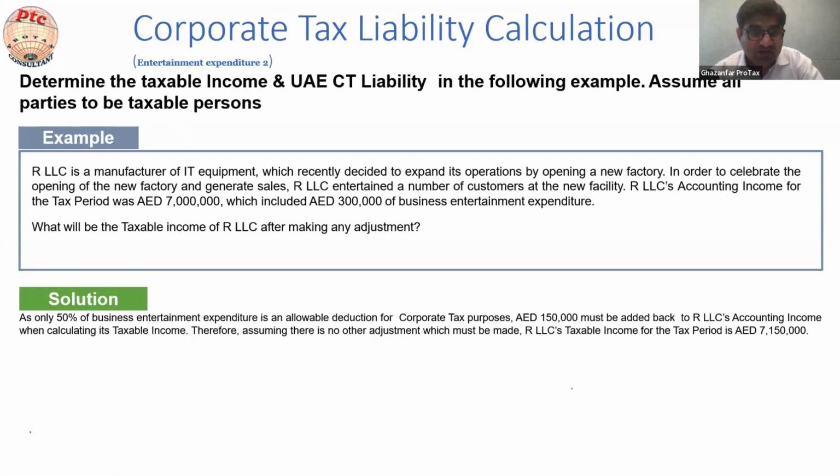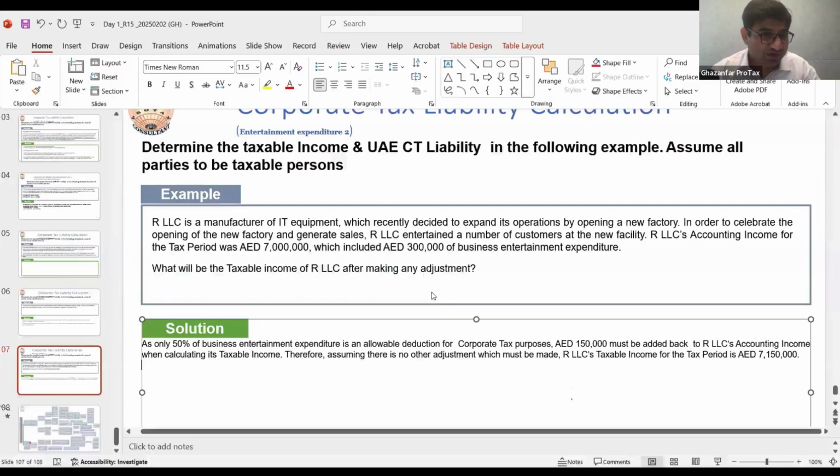So instead of deducting 300, we have to deduct only 150K. The 300 is already deducted, so 50% is disallowed, and we will add back 50%. That will be 150. That is, 150 must be added back to accounting profit when calculating taxable income. There is no other adjustment for the taxable period.